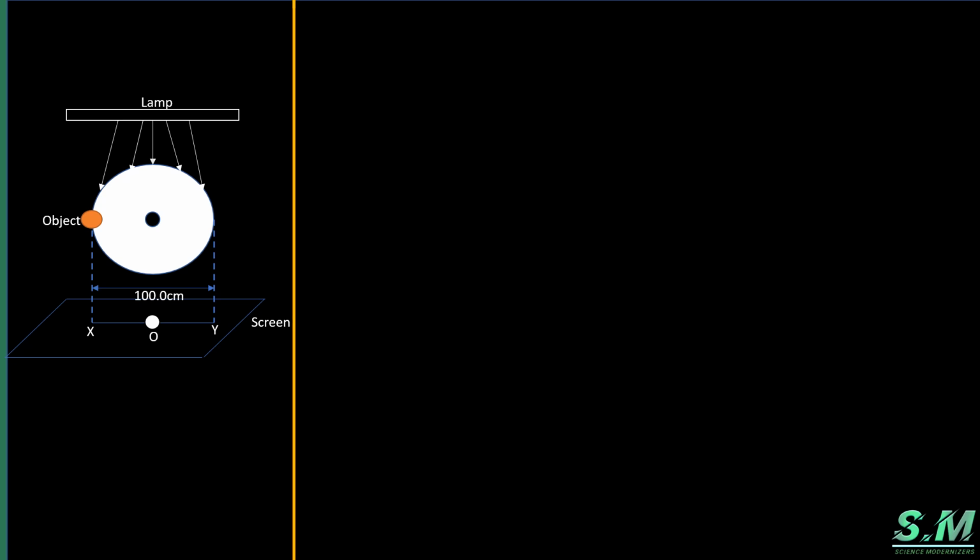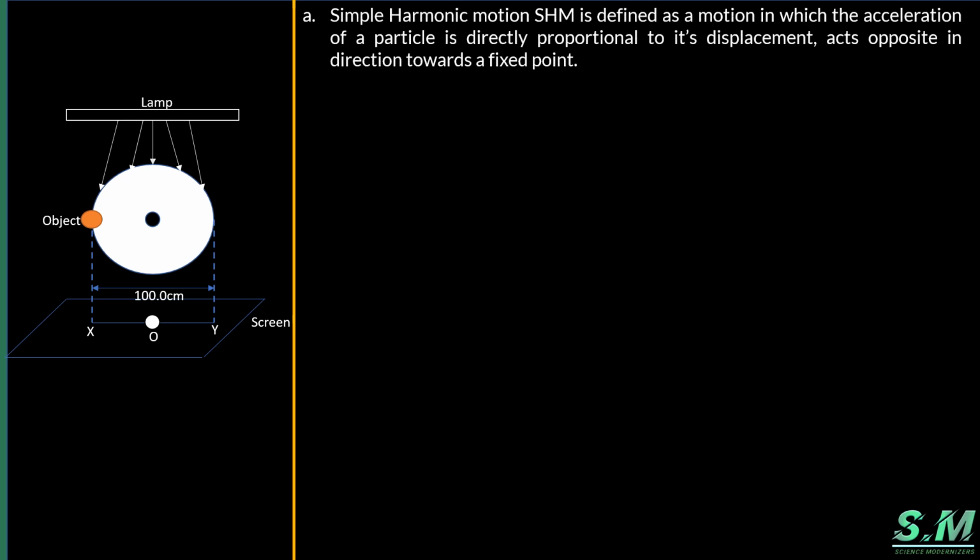The first question was to define simple harmonic motion. Simple harmonic motion, also known as SHM, is defined as a motion in which the acceleration of a particle is directly proportional to its displacement and opposite in direction and directed towards a fixed point. So this object will always oscillate between X and Y. We have to calculate the amplitude, and the maximum displacement from mean position is what we call the amplitude.